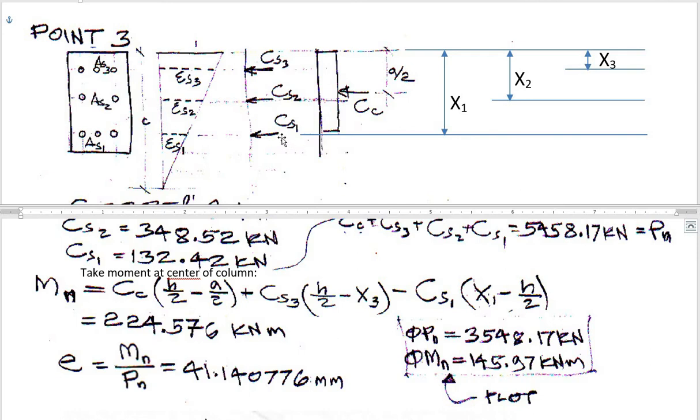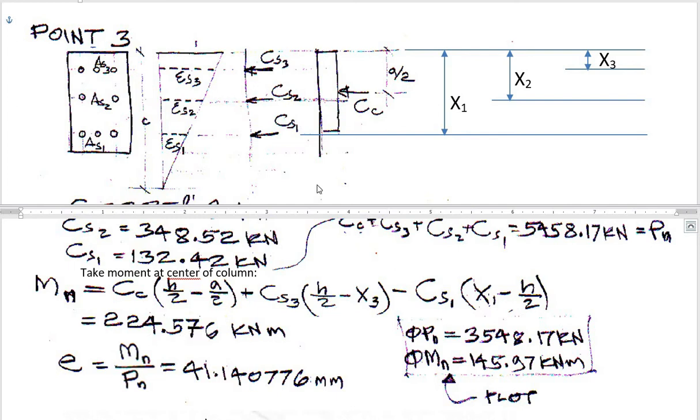So Cs1 now would be clockwise direction. Ito na ang ating negative. Lever arm niya ay x1. Remember, this is x1 minus h over 2.